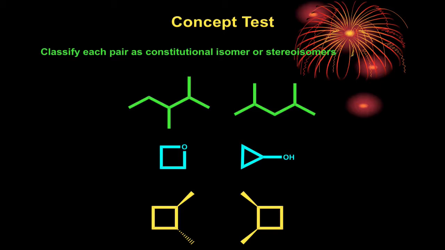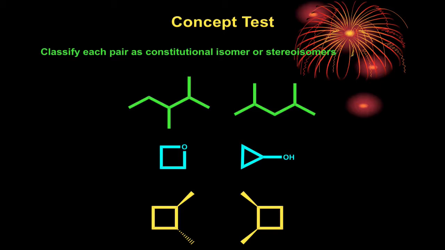That is 2,4-dimethylpentane. Different names, different connectivity. Both hydrocarbons, both isomers of one another, but those are constitutional isomers. Is the functional group different between those two? No. So they have the same functional group in terms of being alkanes, but they have different connectivities.